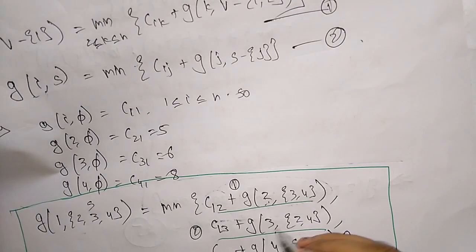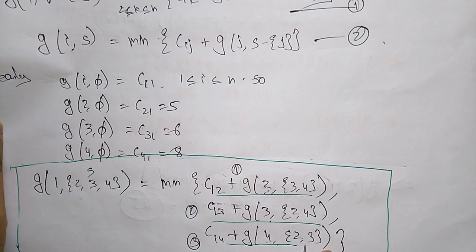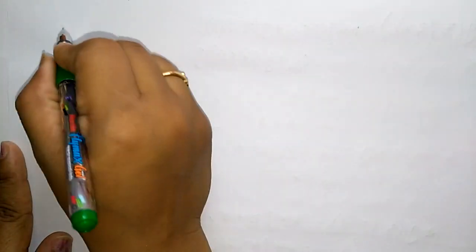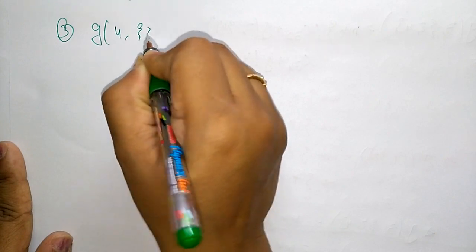Now calculate the third equation. It consists of g of 4 comma 2 3.